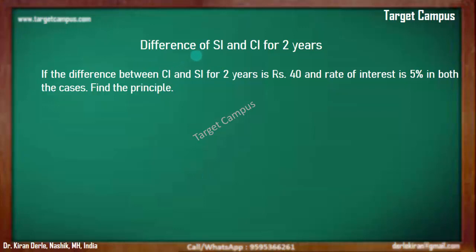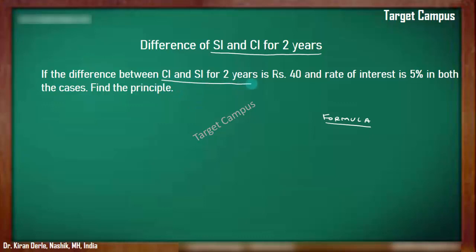Okay, so the difference of SI and CI for 2 years, how can we go about this? We have a direct formula for the difference of CI and SI for 2 years, but we'll try to understand with one basic example.